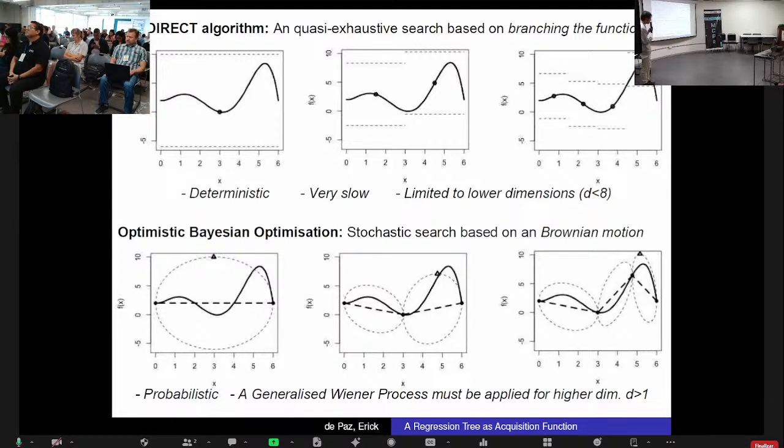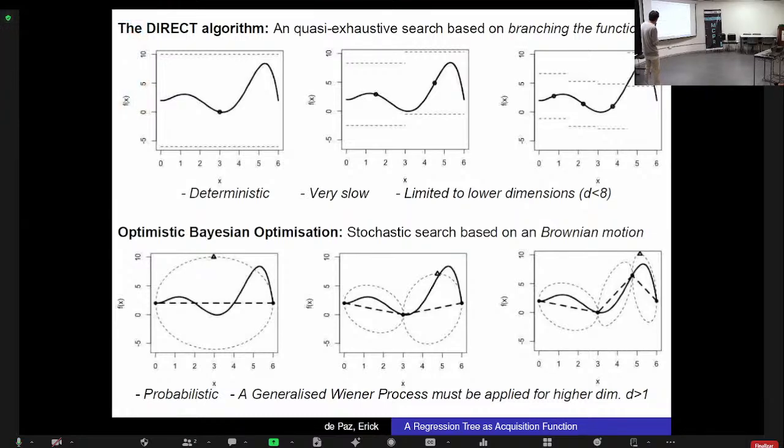A probabilistic alternative is called optimistic Bayesian optimization. This idea is based on a stochastic model which defines a credible region. This credible region is defined to contain the most likely connecting paths between two observed function evaluations.